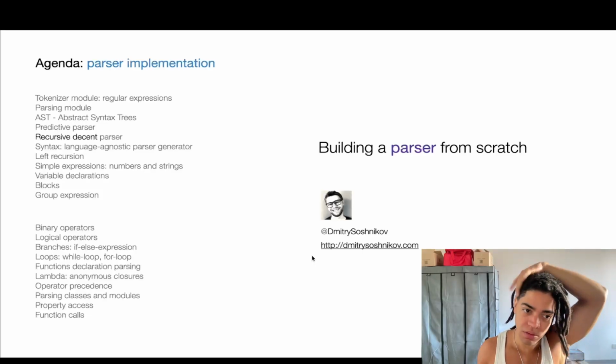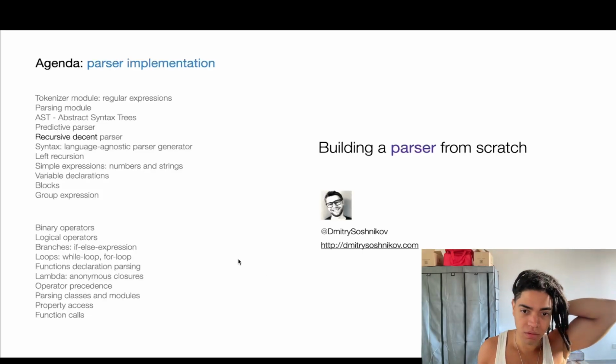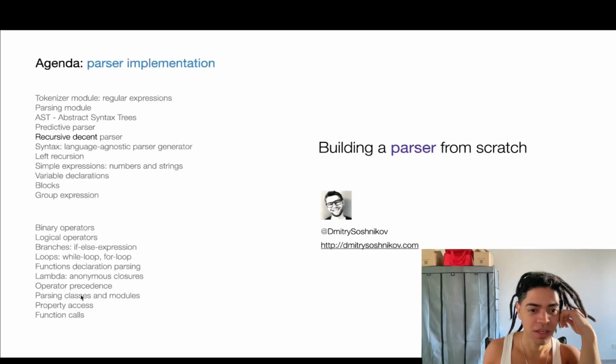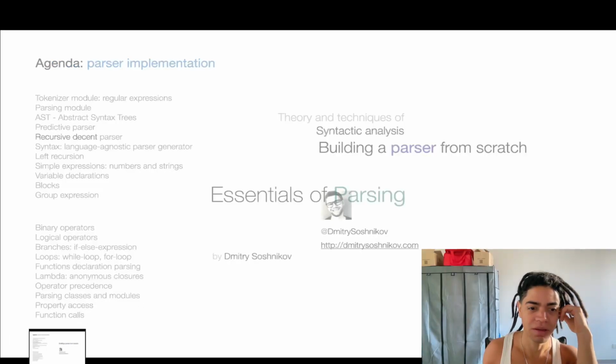We'll be building a parser for a full programming language similar in syntax to Java or JavaScript: binary operators, logical operators, branches, if-else expressions, loops, function declaration parsing, lambda anonymous functions, closures, operator precedence, parsing class and module, property access, and function calls.